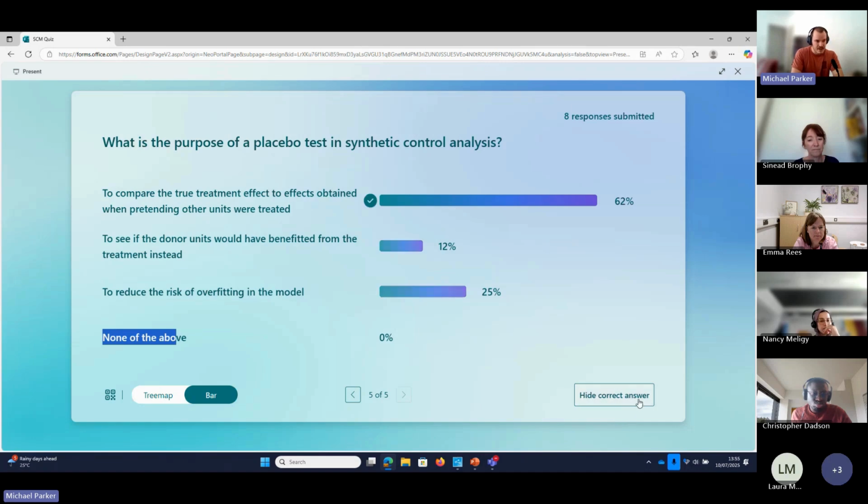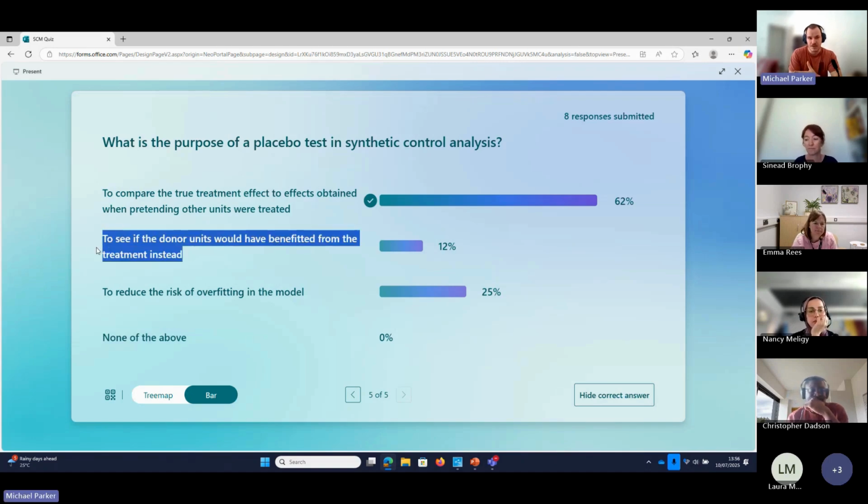So the correct answer is with the majority. And if you remember what I said about the placebo testing, it was applying the model to a different state to see if we received a treatment effect or not. And if you did when there was no treatment, you have a concern with the model because you shouldn't see it.